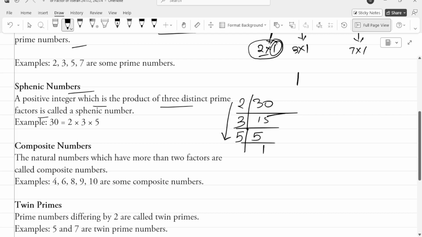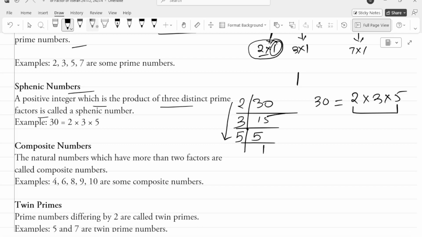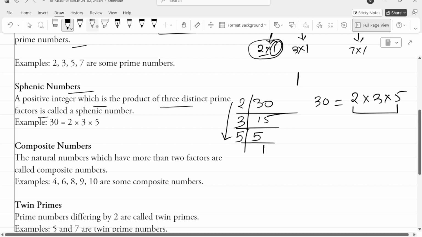Always increase through prime numbers; that is the hierarchy to factorize. Let us also remember, I will discuss it in a different chapter. Now for example 30, the product is 2, 3 and 5. Here is a product of 3 distinct prime numbers, that we call sphenic numbers.